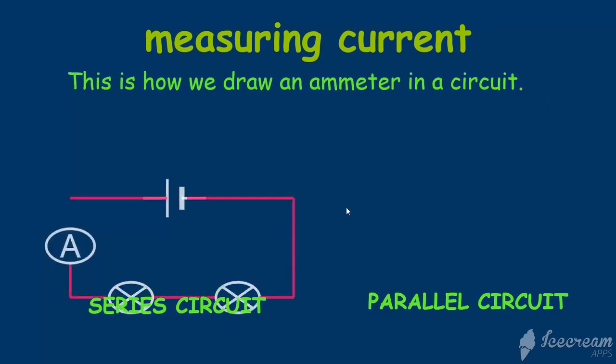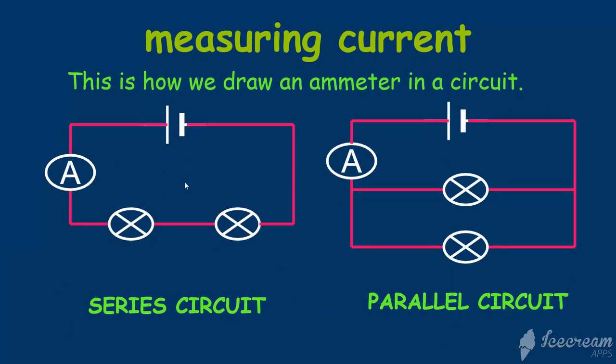To measure that, you use an ammeter connected in series in the circuit. So if you want to measure the current in this circuit with 2 lamps connected in series, you can connect this in series, cutting the cable. Or here again you cut the cable and put the ammeter in series with the circuit.